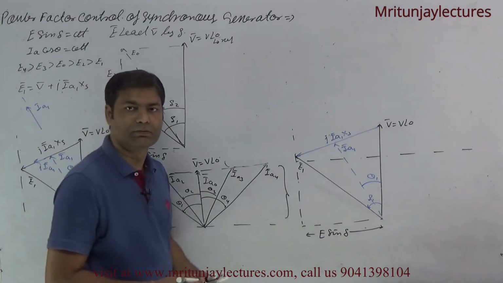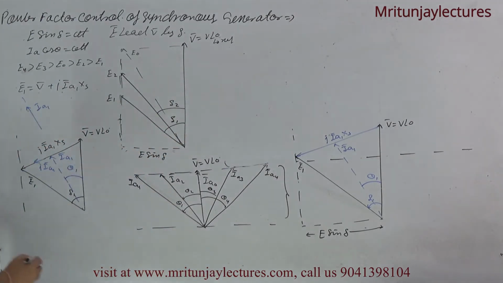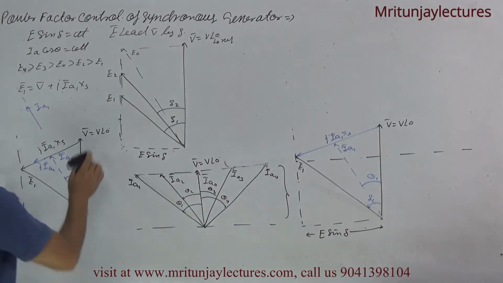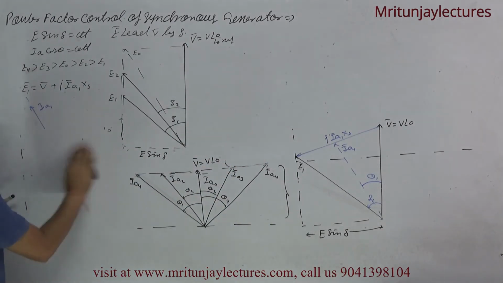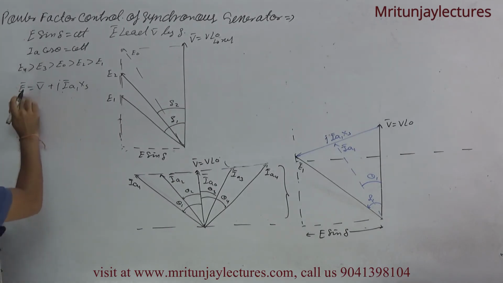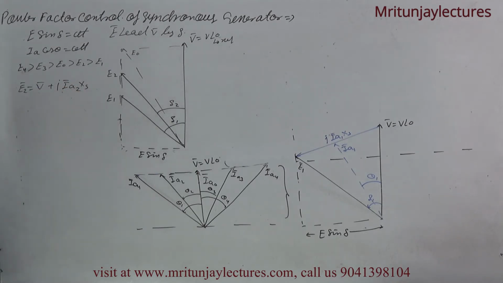Okay, now another case, corresponding to voltage E2. If the excitation voltage increases to E2, then what about the current? How to draw?